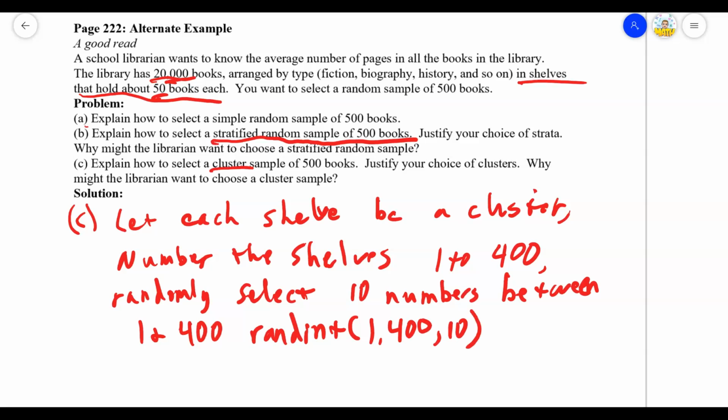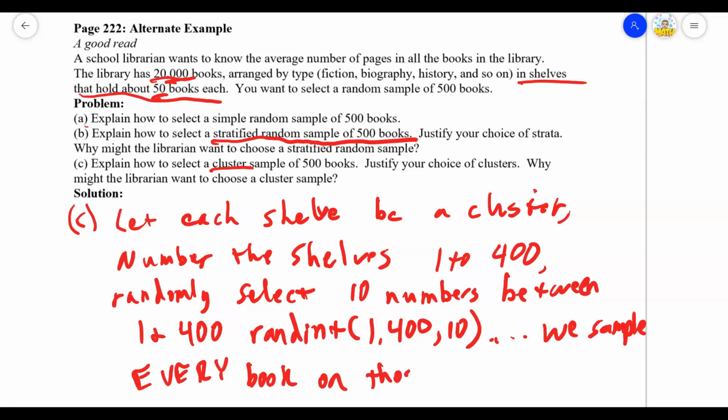Okay, that gives me my 10 shelves. All right. And then we sample every book on those 10 shelves.